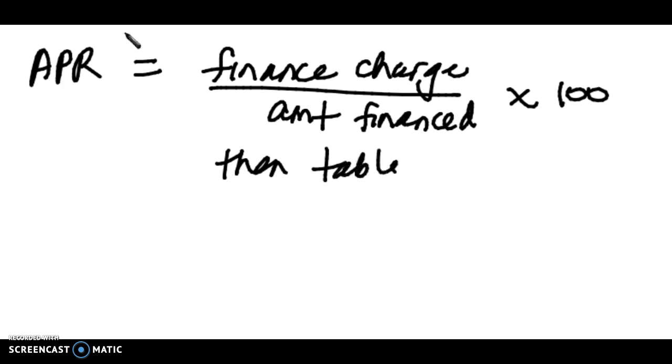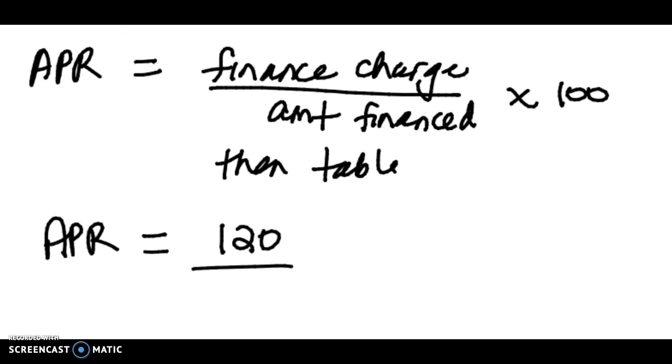So from part A, the finance charge was $120 divided by, we only borrowed or we financed $3,000, and then we'll multiply it by 100.